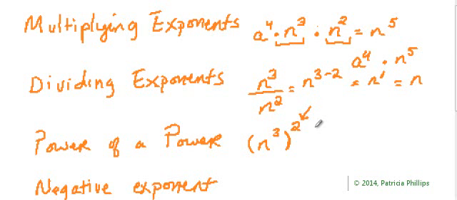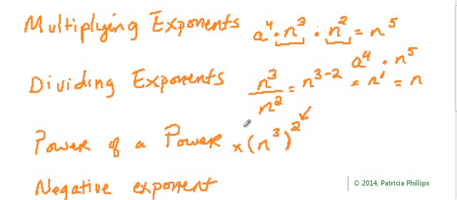Let's say you had something in front of this, like x. x times n to the power of 3 to the power of 2. Well, this would only apply to n to the power of 3 because x is outside of the relationship.